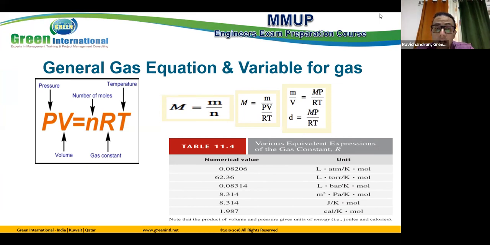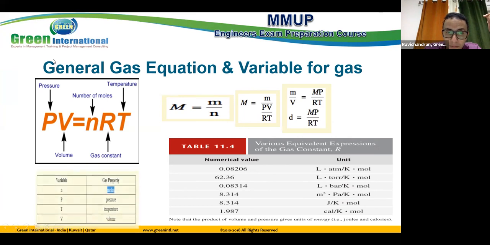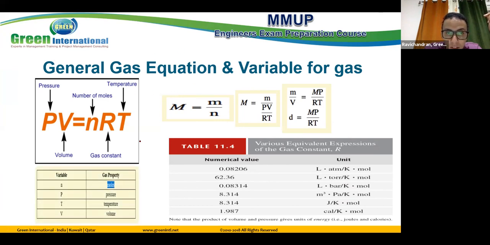Okay, this is the general one. But for the other one, PV = mRT, the P, V and T are the same. The difference is only between nR bar and mR. n is number of moles, R bar is the universal gas constant.